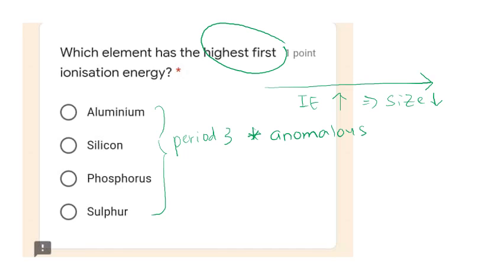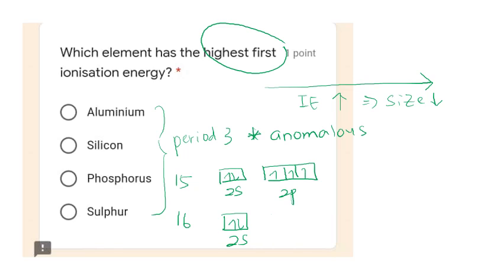Phosphorus is an element in group 15. So orbital 2s has 2 electrons, while orbital 2p has 3 electrons, which they will fill according to Hund's rule. Sulfur in group 16, 2s has 2 electrons, 2p has 4 electrons.